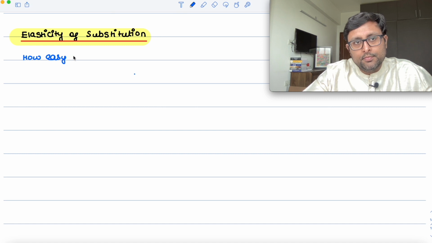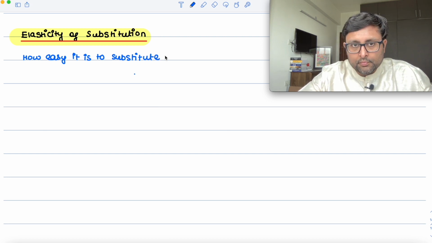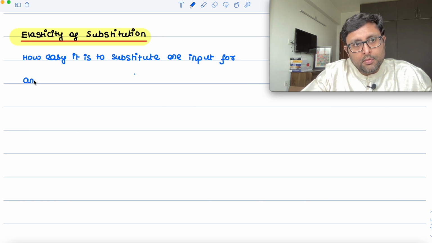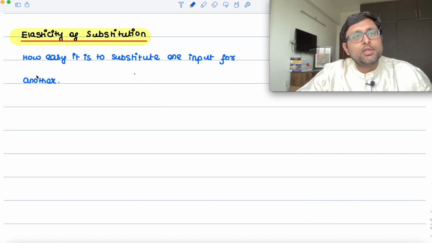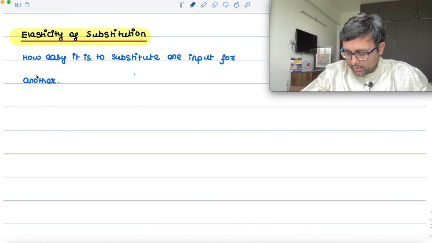How easy it is to substitute one input for another, right? So it measures how easy it is to substitute, or to move along the points, right, between the different points along an isoquant.